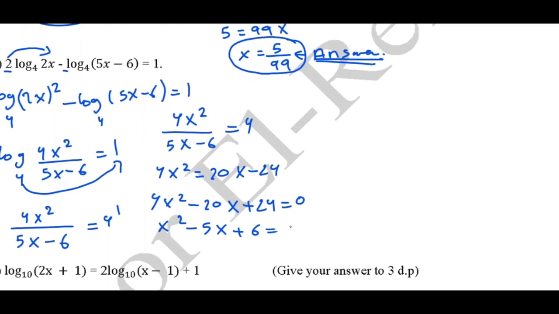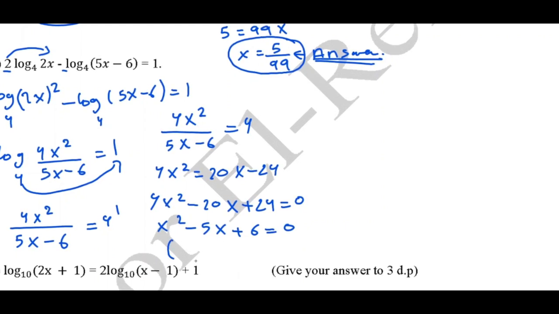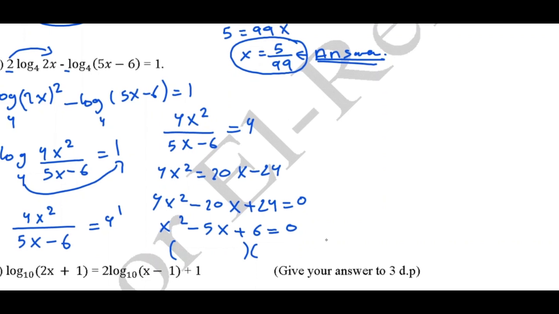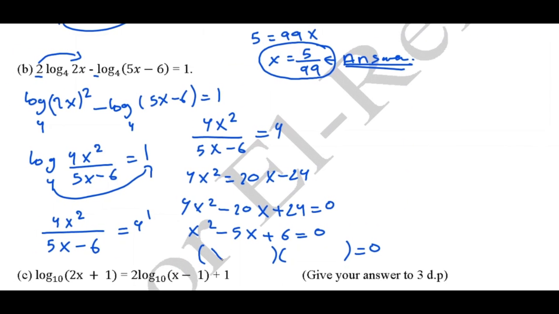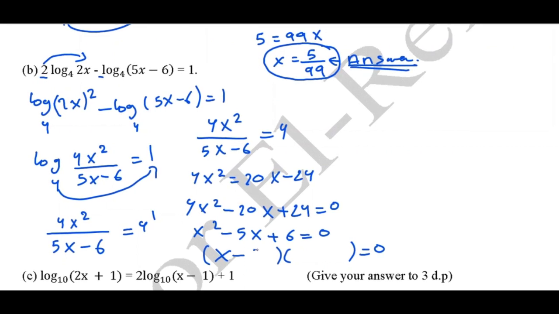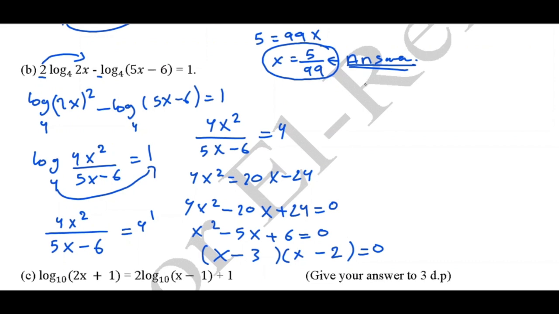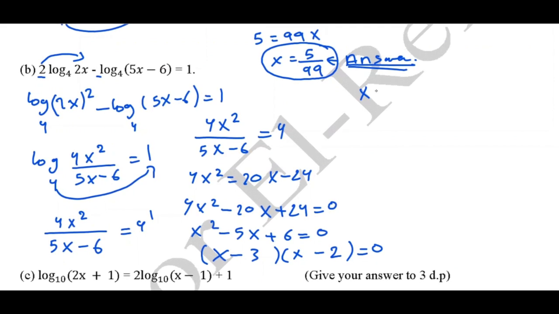Let's factorize it. You can use the general formula. x minus 3, x minus 2. So I have two x values. x equals 3 and x equals 2.